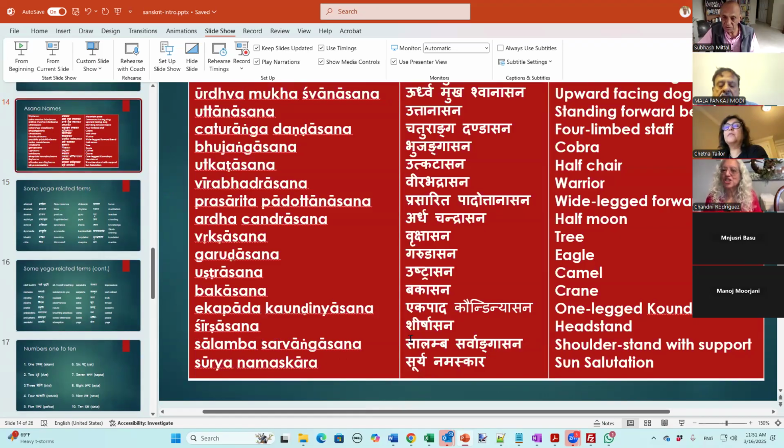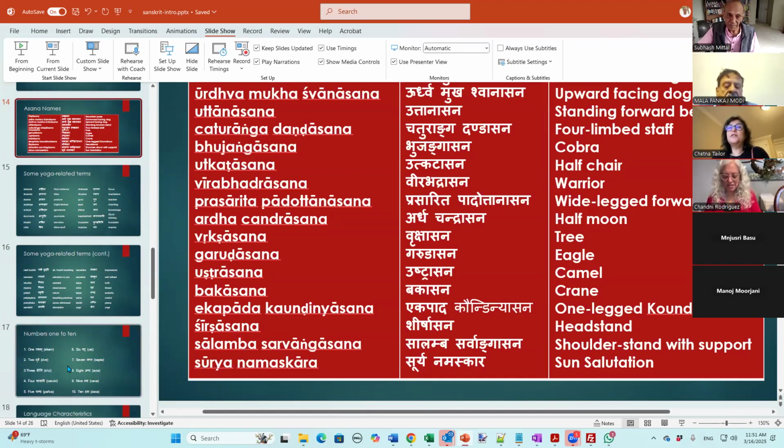This S with a little tilde on top, this S with a dot underneath, and this S without anything. This S is without anything, so it is a pure sa sound like Sam. Okay? Shirshasana. No. Sana.